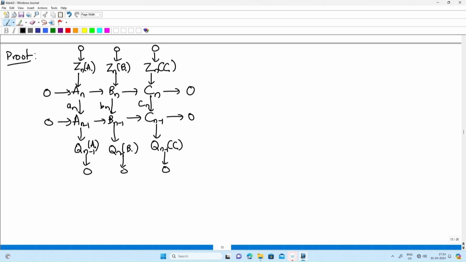So now what does the snake lemma say? There are maps everywhere. The snake lemma guarantees the existence of these red things.